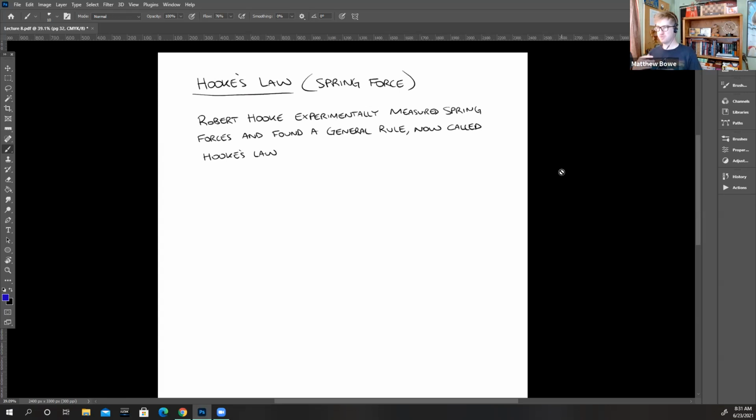It was arrived at differently than Newton's second law. Hooke's law was meticulously measured out over, I guess, hundreds of springs, and there was a pattern that was discovered by Robert Hooke.